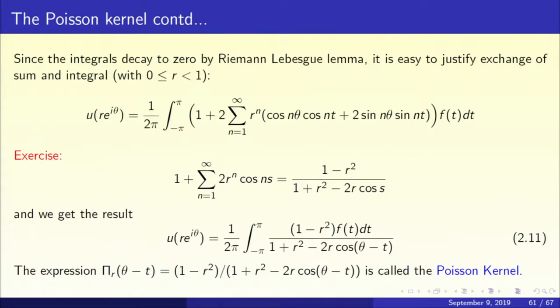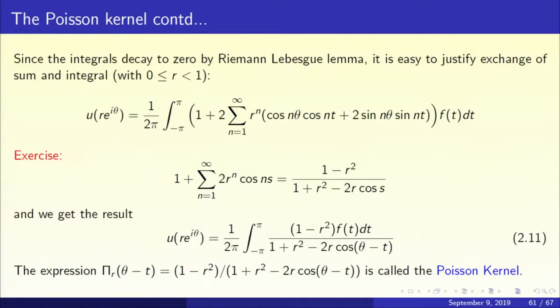That is easy to calculate, and I leave it as an exercise. So now we must incorporate this in the previous equation. What do you get? u of r e to the power i theta equals 1 upon 2 pi integral minus pi to pi (1 minus r squared) f(t) dt upon (1 plus r squared minus 2r cos(theta minus t)). Equation 2.11 on the slide.